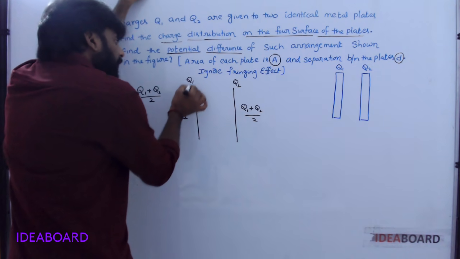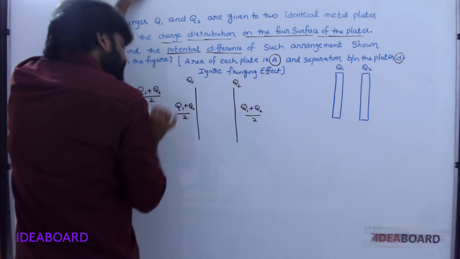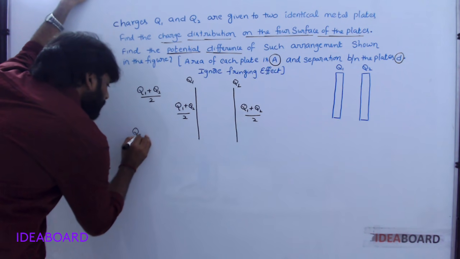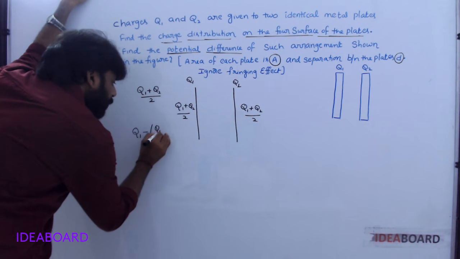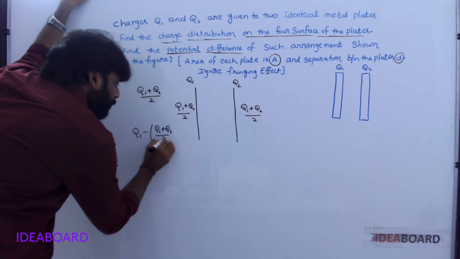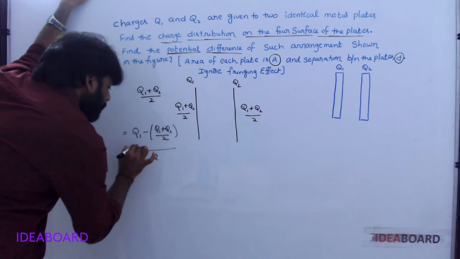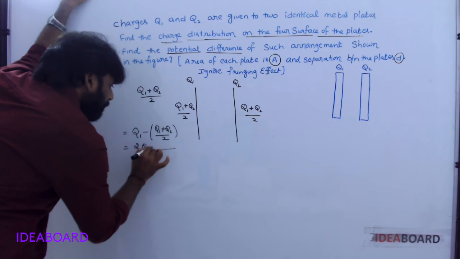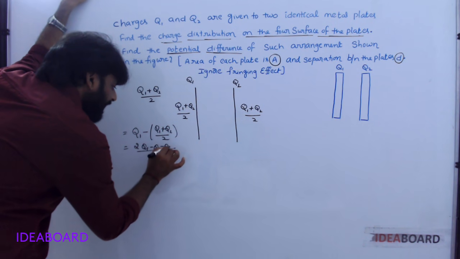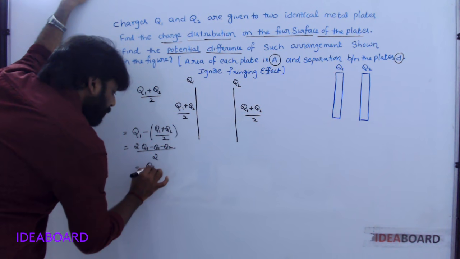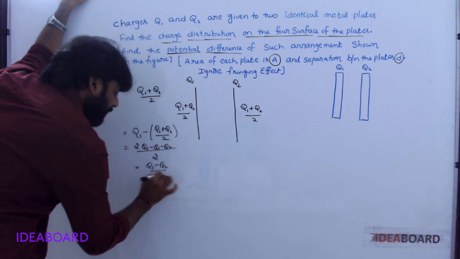Understood? Q1 minus the charge: Q1 minus (Q1 plus Q2) by 2. So LCM is 2: 2Q1 minus Q1 minus Q2, so Q1 minus Q2 by 2.